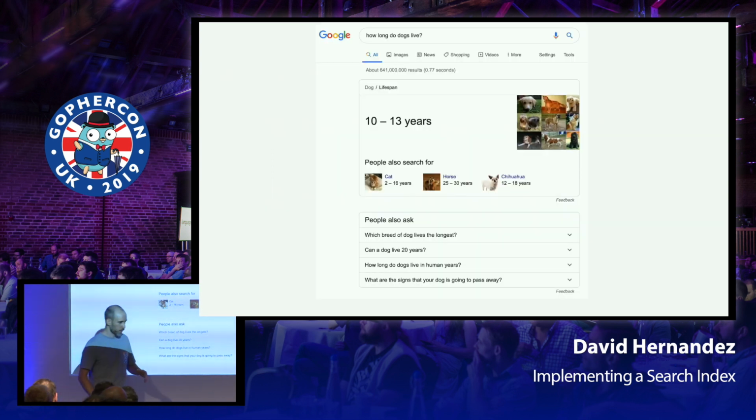For example, I ask Google these days, how long do dogs live? And it really understands the question. It just tells me, oh, from 10 to 13 years. That's pretty cool. It really understands what I'm trying to look for, and it gives me an answer. That's probably using some kind of machine learning behind it.